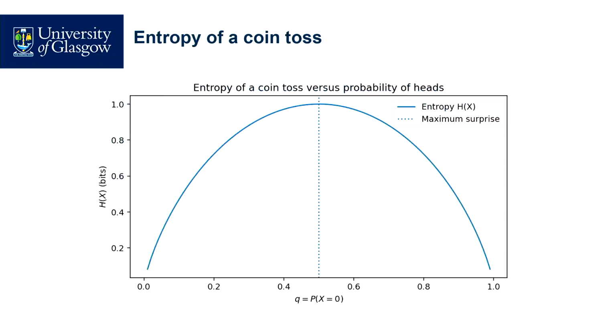Now we can plot that, and that gives us a representation of this entropy depending on how biased the coin is. We can see that the entropy is very low for a very biased coin, and it increases until it reaches a maximum when the coin is completely unbiased.